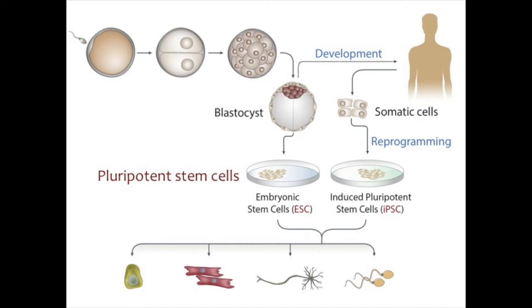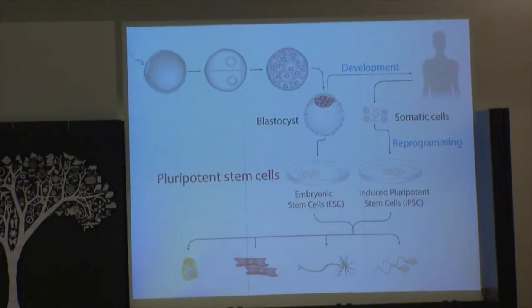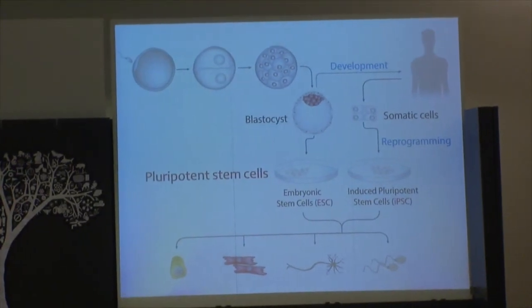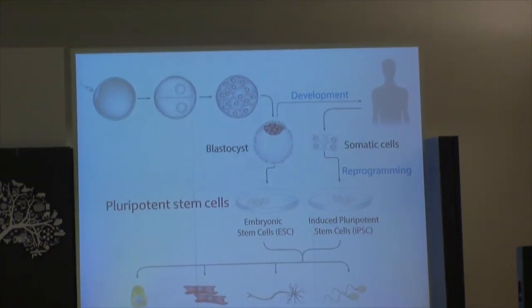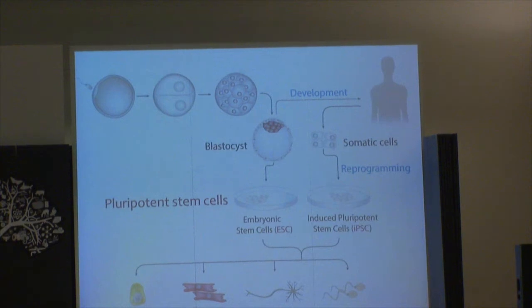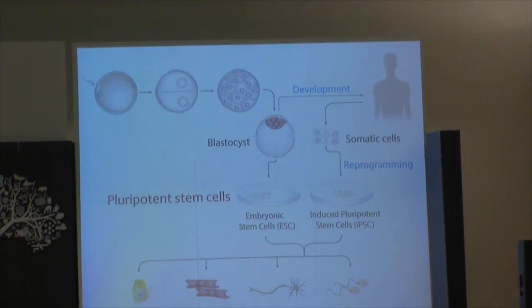Now, in order to understand what the different progenitors are that emerge through this Big Bang process, we need to start with an experimental model. The experimental model that we work with is pluripotent stem cells, as shown here in the middle. These pluripotent stem cells were derived for the first time in 1998 from fertilized human embryos, and they were cultured in a way that allowed them to be cultured indefinitely and also to differentiate into all the cell types of our body.